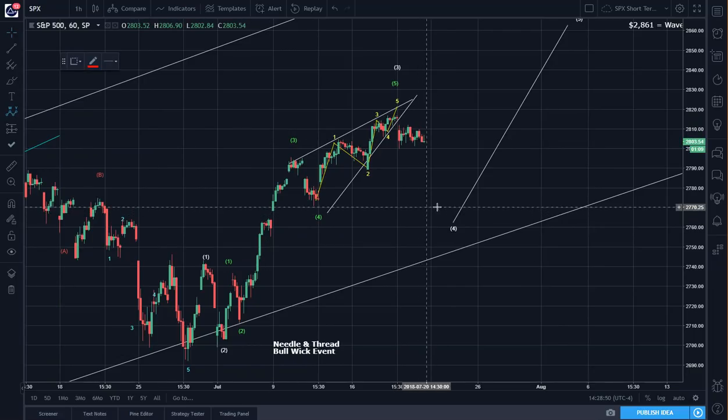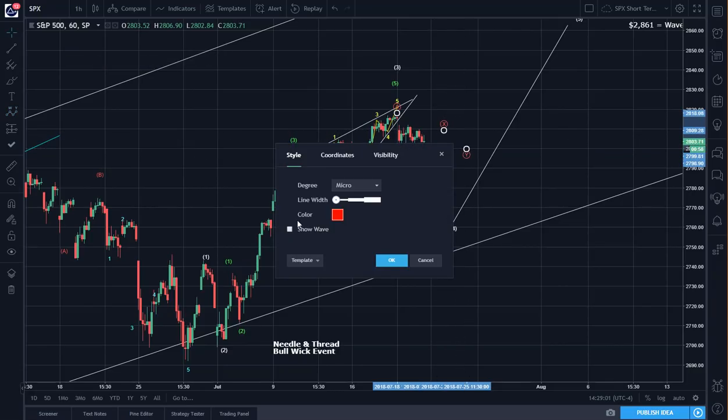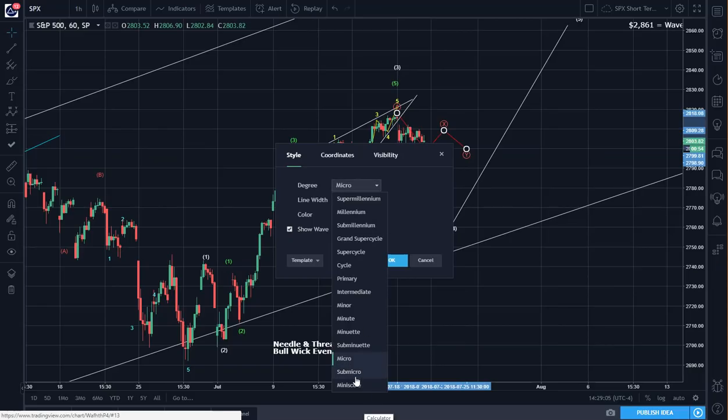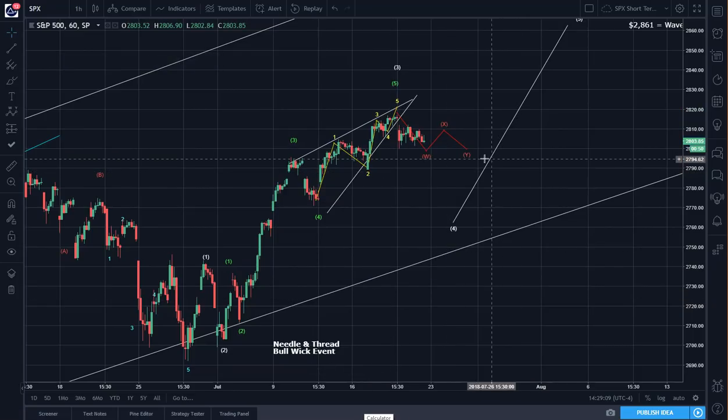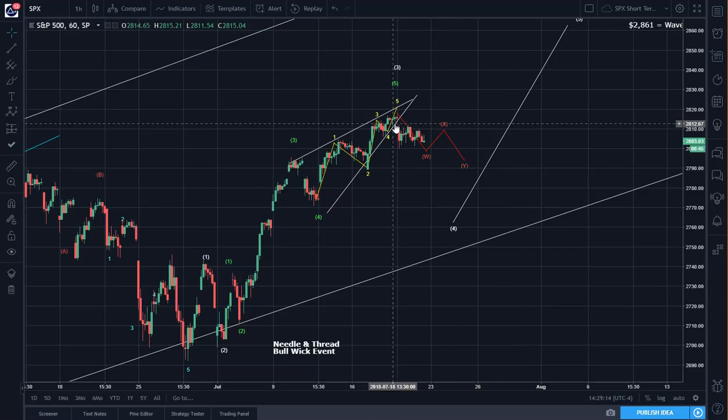In other words, a WXY. W, X, and Y. So W is counted as an ABC subwave.